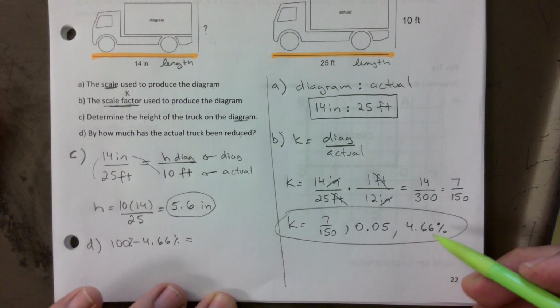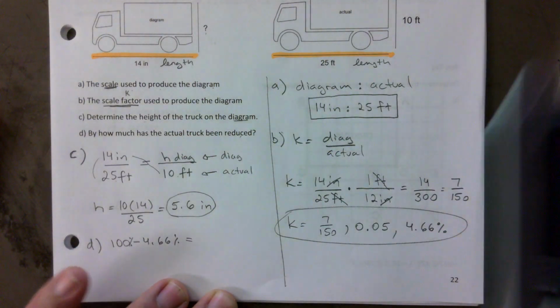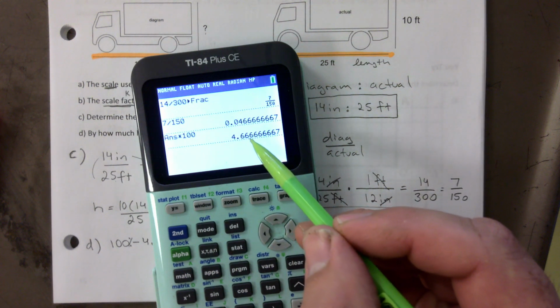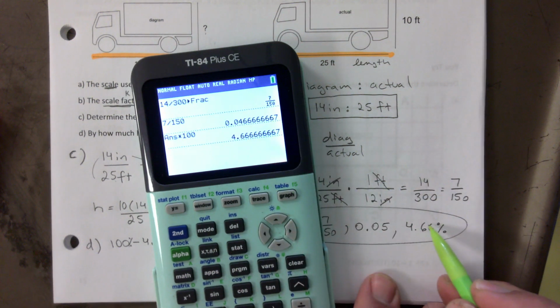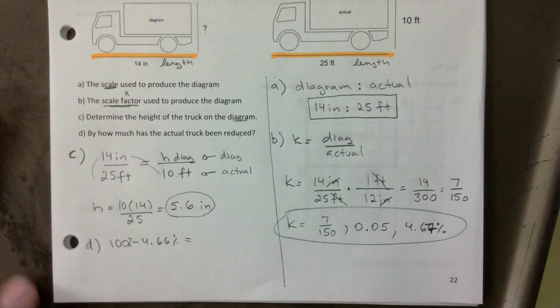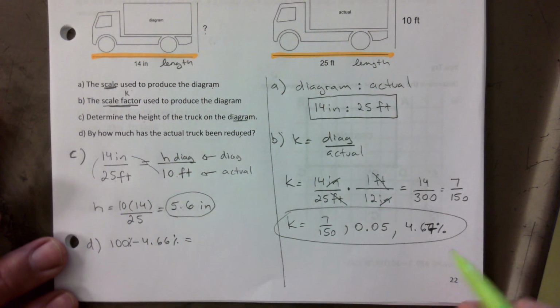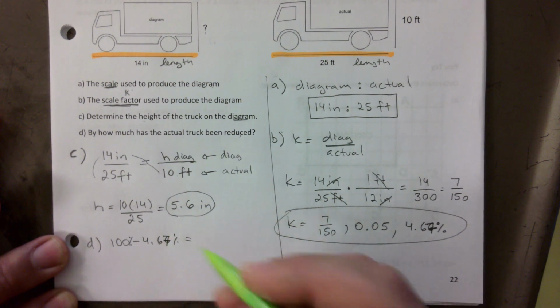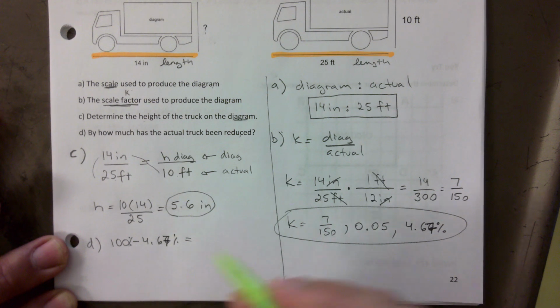I did make a mistake rounding. 6, 7. I was too busy talking. 6, 7. So please turn this into a 7 here. That would be an R right there. Now this video is a rated R video. Okay. Anyways, 100 minus 4.67.